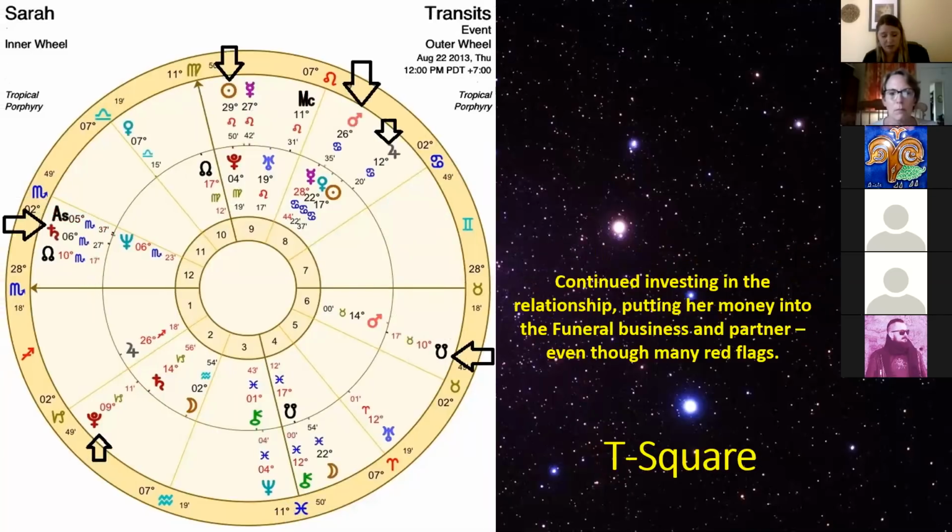This is August 22nd, 2013, and this is the last hit on that transit, I think, of Saturn in Scorpio coming to the focal planet of the T-square, Neptune.